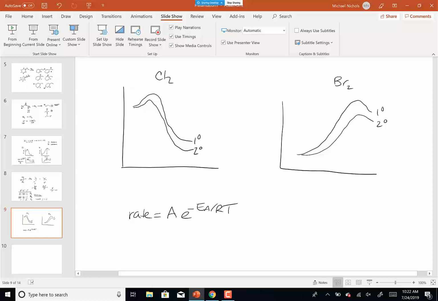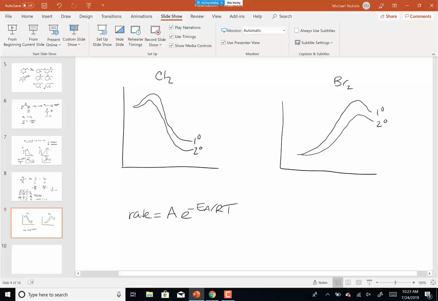So which barrier are you going to overcome fastest? If you're the hiker, you're going to overcome the small mountain. You're going to go over the small mountain. In chlorination, it's going to take you longer and more energy to go over the big mountain for bromine.